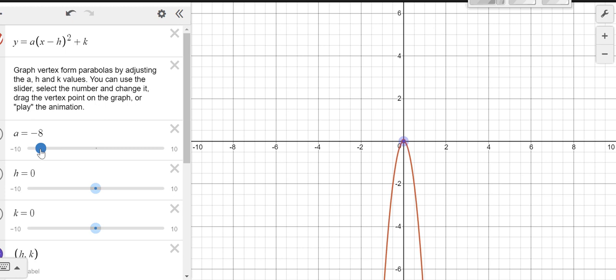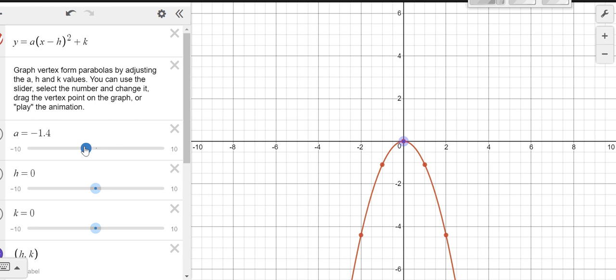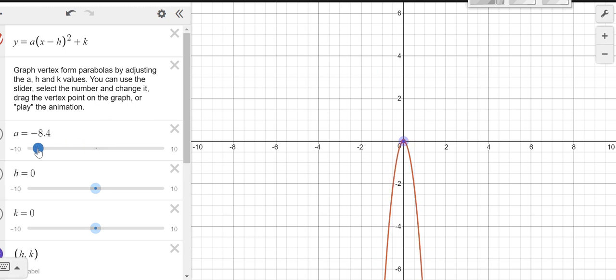I have A is -8. Let's jump to where A is +8. It is the same picture except that we flipped it. You see that? Go back to -8. It is the same picture. So stretch and compression has to do with the absolute value of your A value, okay?